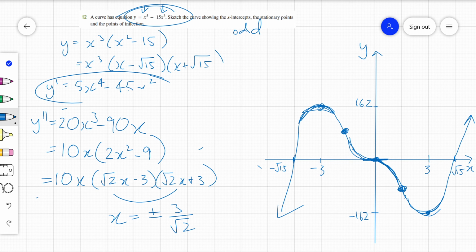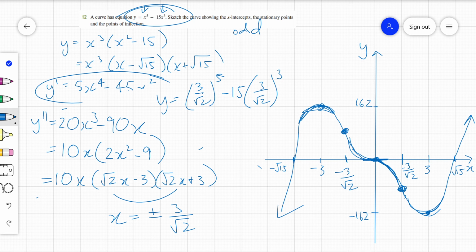So this inflection point would be 3 on root 2, and this one here would be negative 3 on root 2. And then, of course, we could also sub that into our y value, which I don't know if it wants us to find, but really, 3 on root 2 to the power of 5 minus 15, 3 on root 2 to the power of 3.